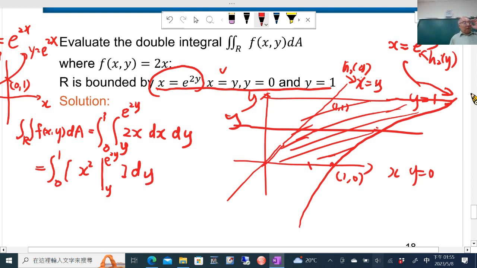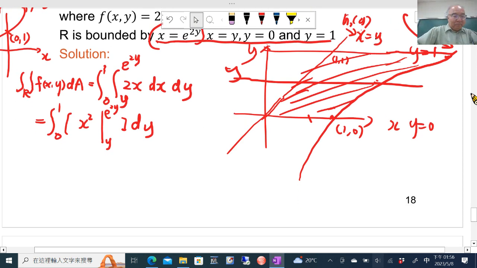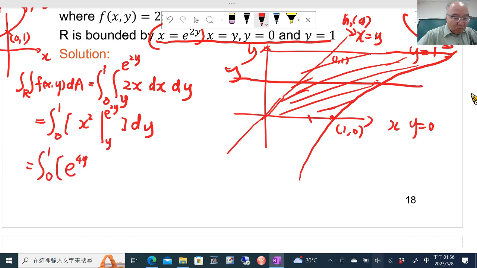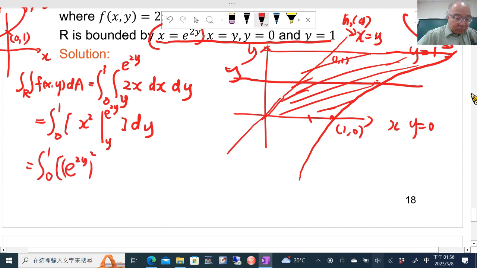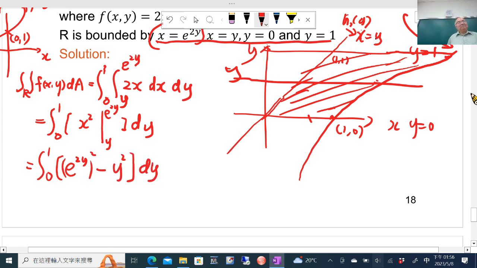We have evaluated the integration in terms of variable x in the first step. So from 0 to 1, e to the power of 4y minus y squared dy.